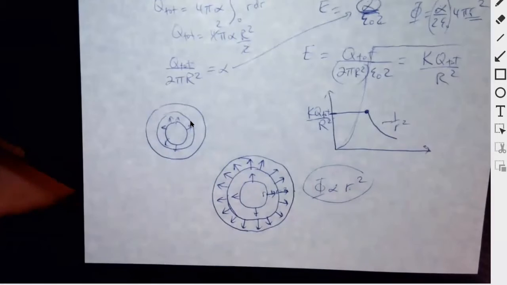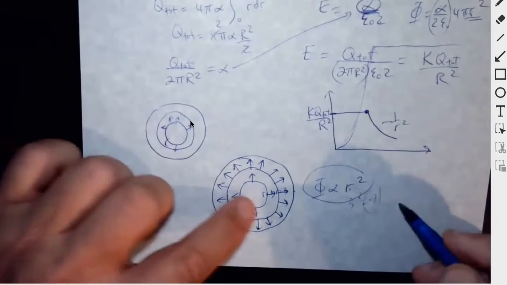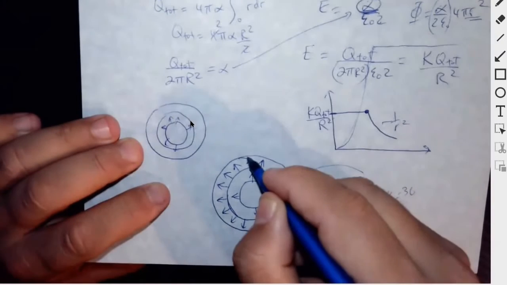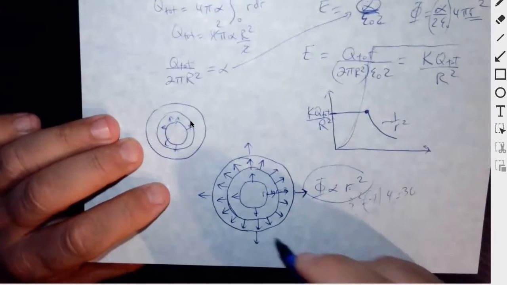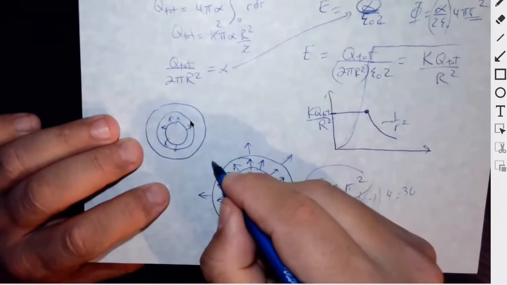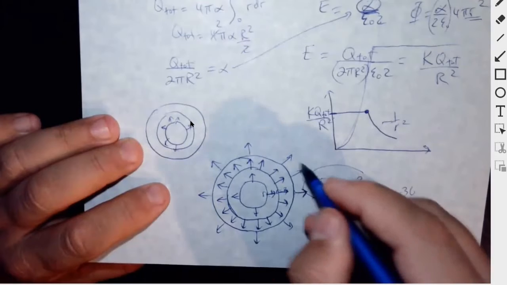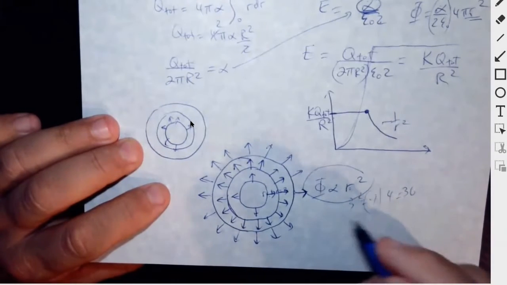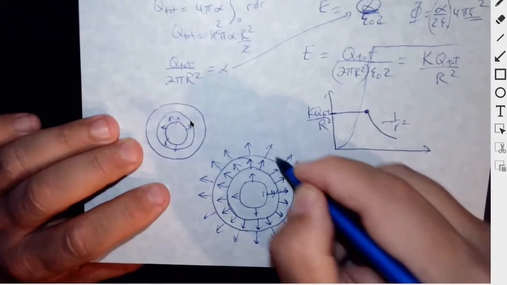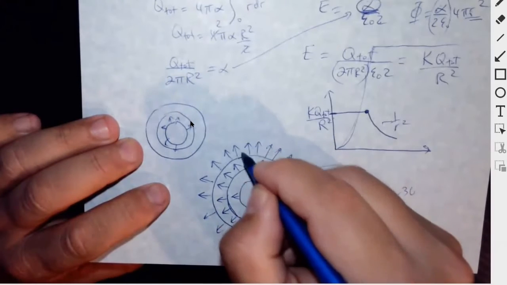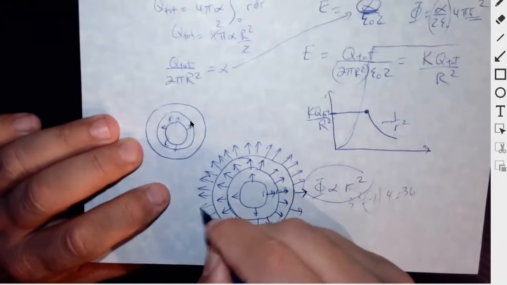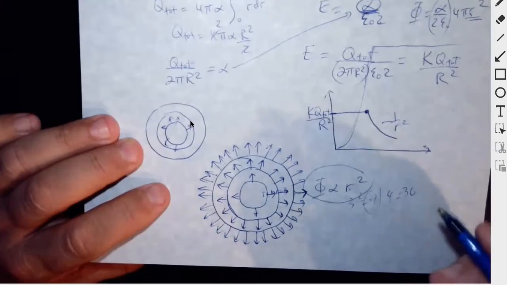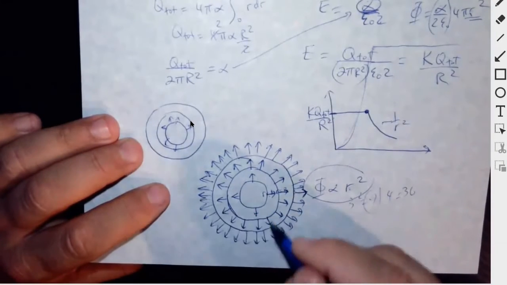Now, how many should I draw at r equal to 3? 3 squared is 9. 9 times 4 is 36. Oh my gosh. So then 36. I count them out, 1 through 36, until I've drawn all 36.